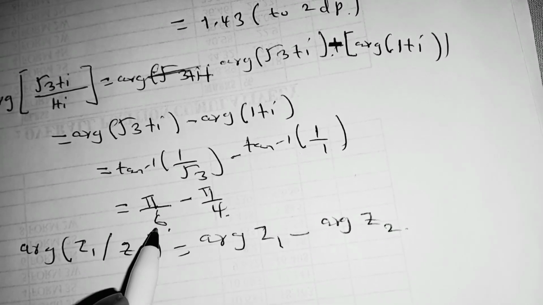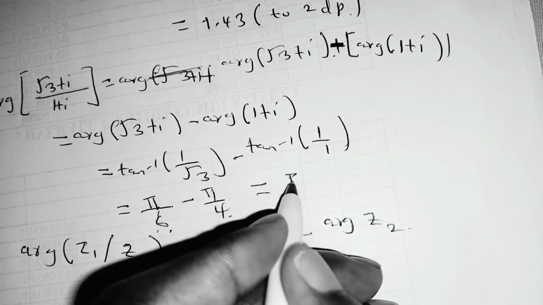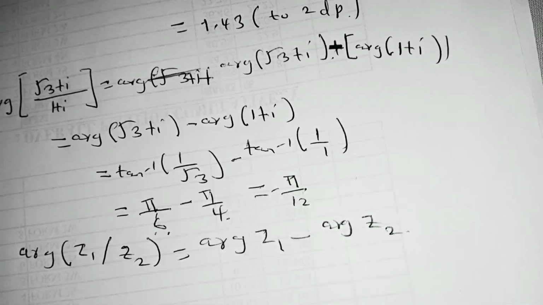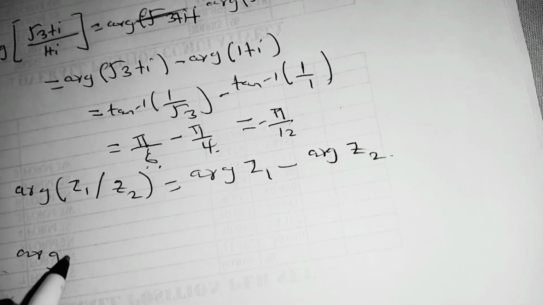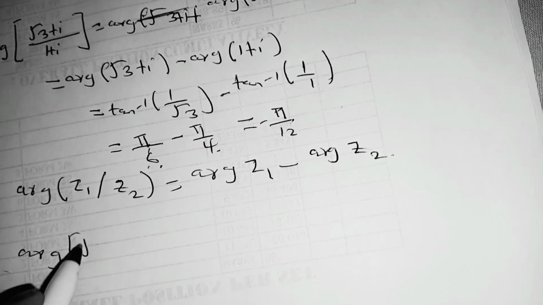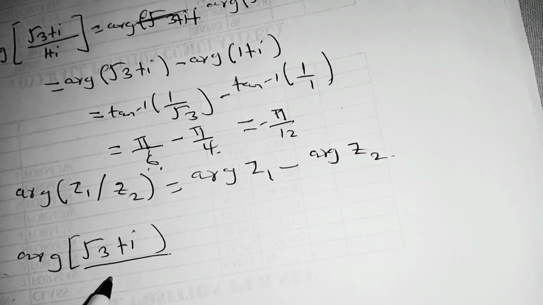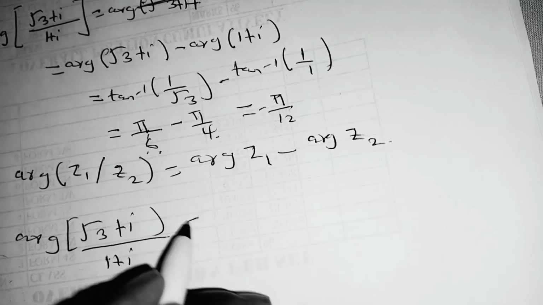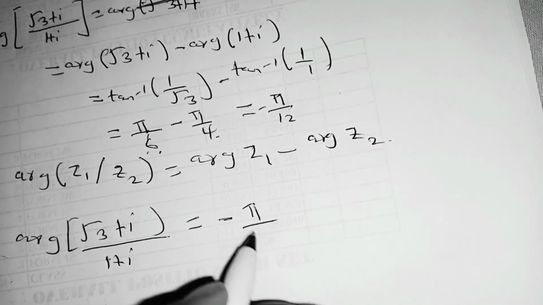Of course, this will give you negative pi over 12. So the argument of root 3 plus i divided by 1 plus i, the result is negative pi over 12.